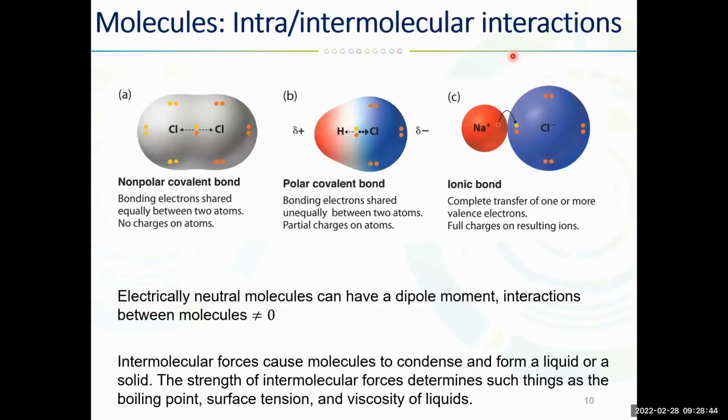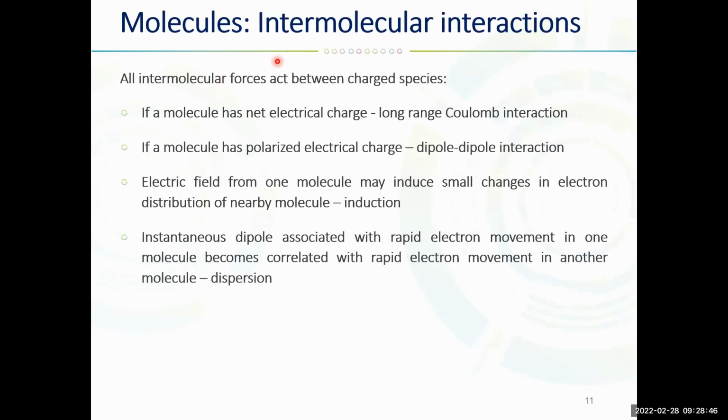So now let's talk about intermolecular interactions. All intermolecular interactions occur because molecules or atoms interact one with another with a wide variety of different electrostatic interactions. You can have the Coulomb interactions between point charges. This would correspond to ion-ion interactions.